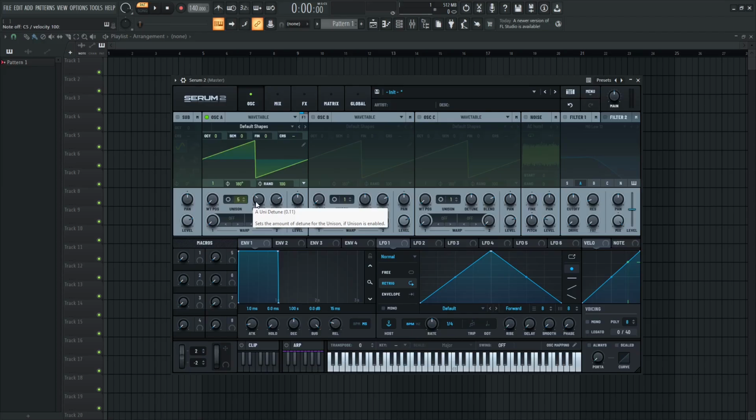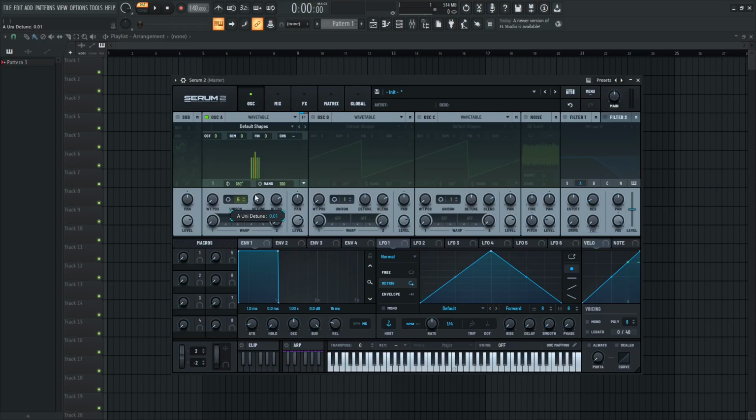And as I move it closer to the left, it's sounding more normal, I guess. If I was to turn this all the way to 0, you basically have 5 copies of the exact same note playing, as opposed to here, where they're slightly spaced out.